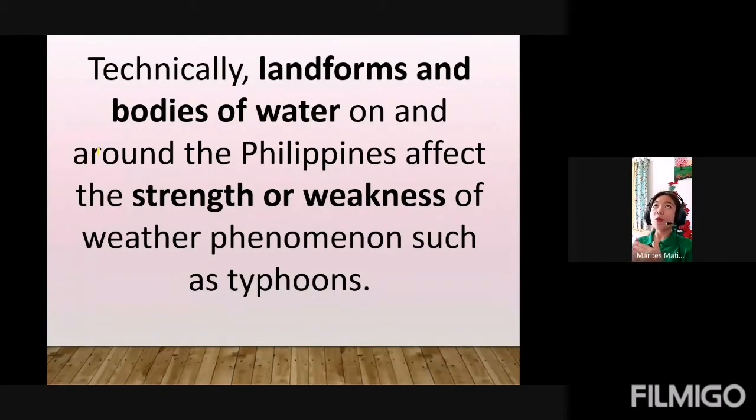If we notice, when a typhoon makes landfall, it weakens. It loses its strength. Why? It no longer has fuel, because its fuel comes from warm ocean water. So that's the effect of landforms and bodies of water on the strength or weakness of a typhoon. Is it clear, children? Yes po.